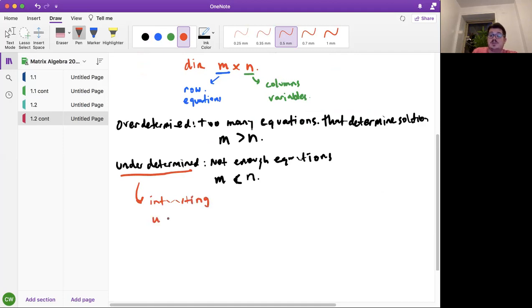Usually these will have an infinite number of solutions. Overdetermined is often inconsistent, not always, I should say not usually, but often.